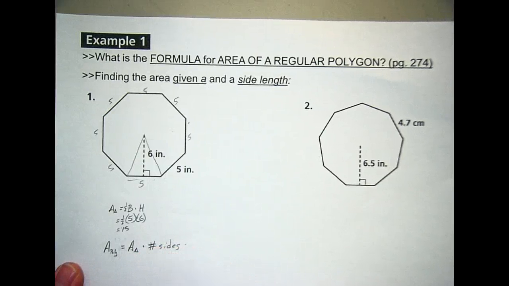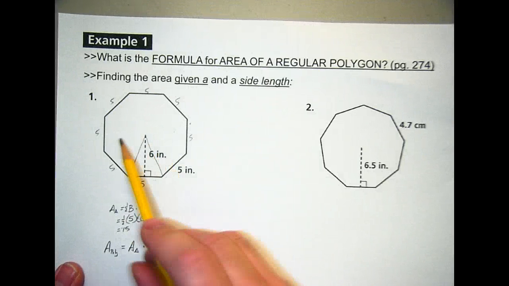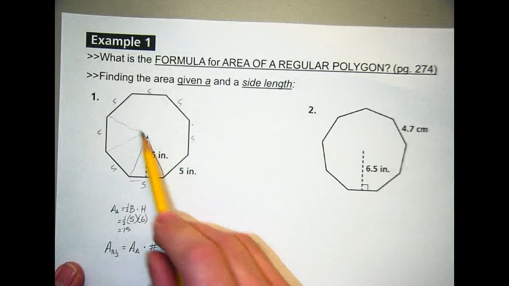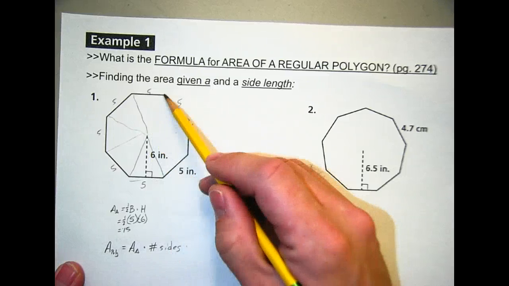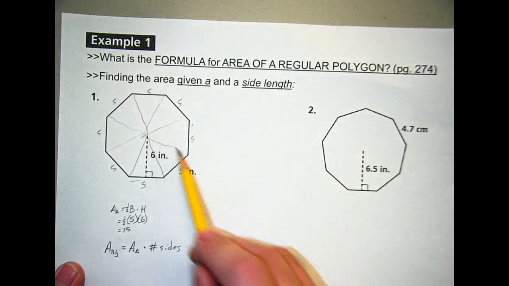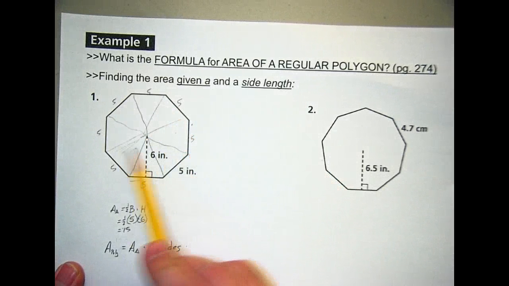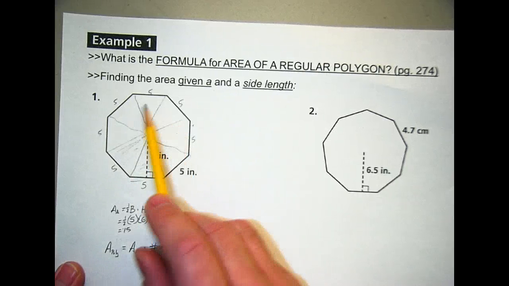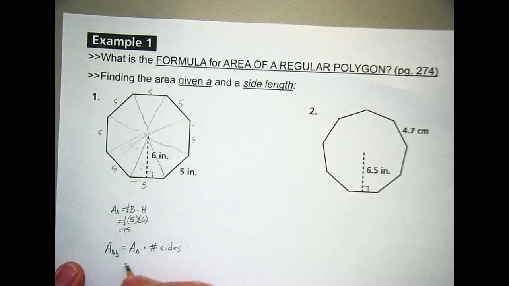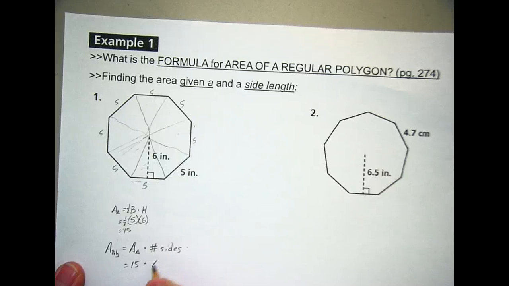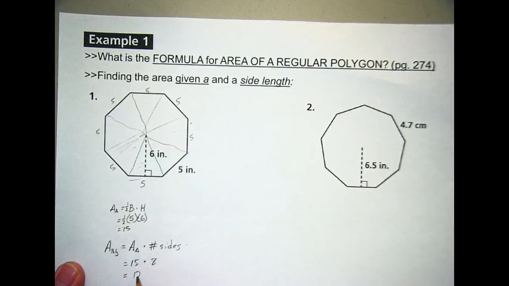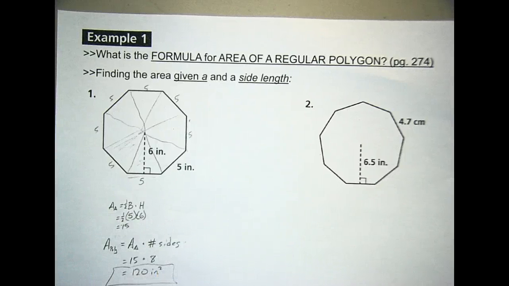The reason is that each side represents the base of a new triangle, and all those triangles are congruent. So we have a total of 15 times 8, and that is 120 square inches. How many agree? That's really well done. Okay, so we're generalizing it.